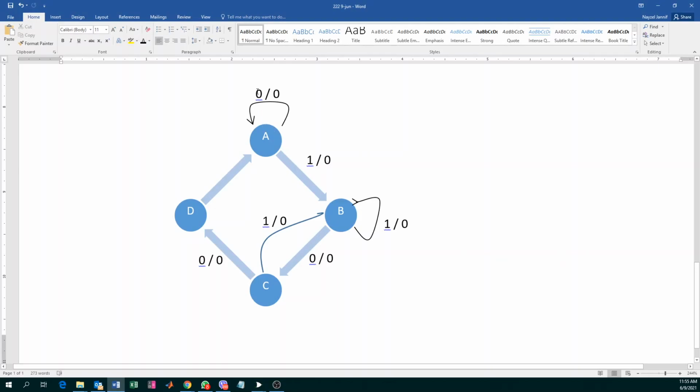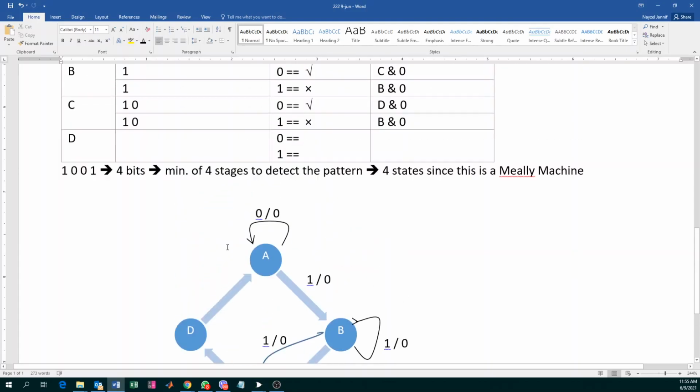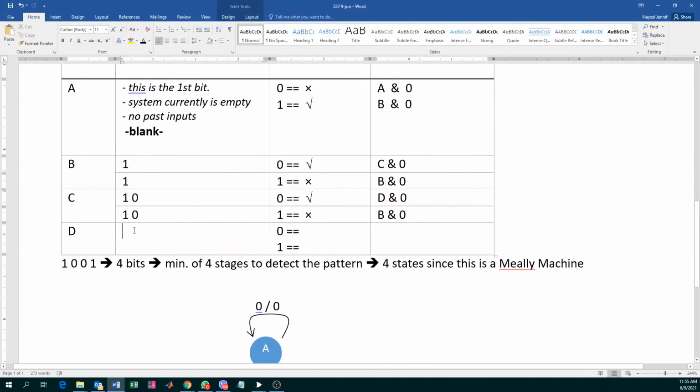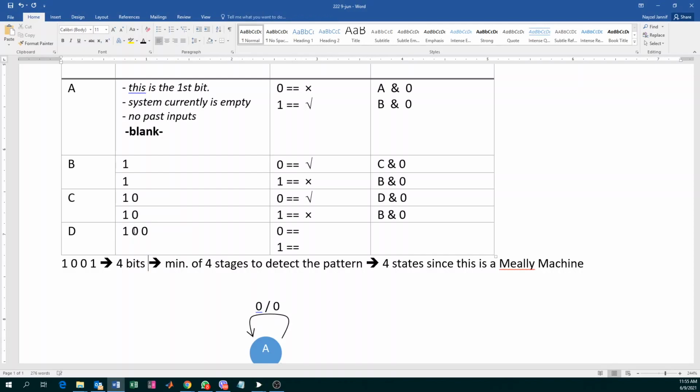If you receive a 0, you stay at A. If you receive a 1, you go to B. If you receive a 1, you stay at B. If you get a 0, you go to C. If you receive a 1 at C, you go to B. And if you receive a 0, you go to D, because remember, we are targeting 1001. Now, in D, our three values which are already loaded onto the system are 1, 0, 0.